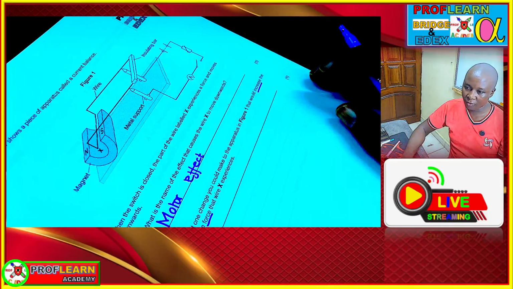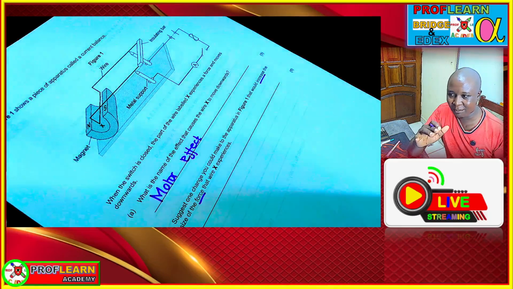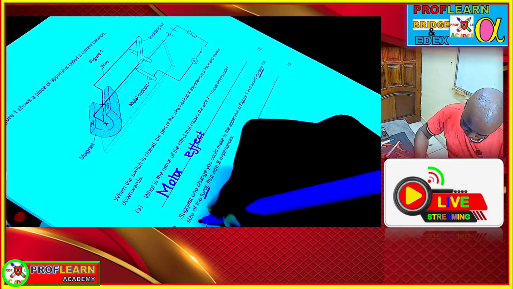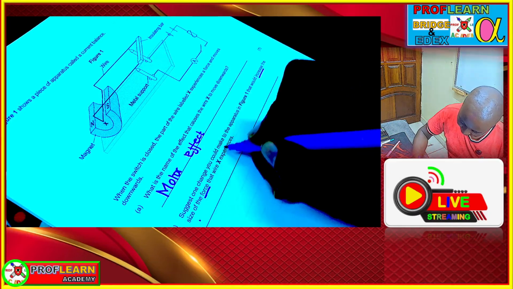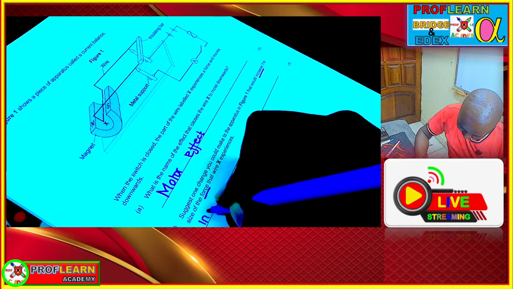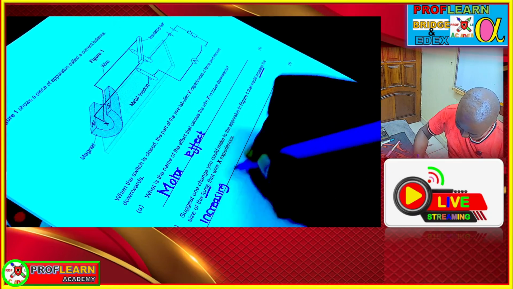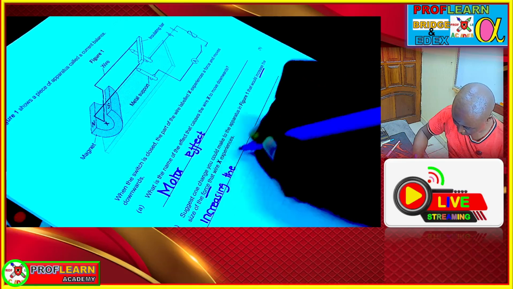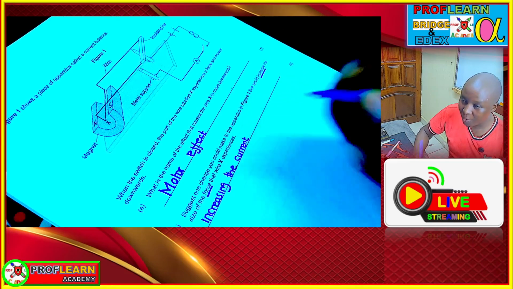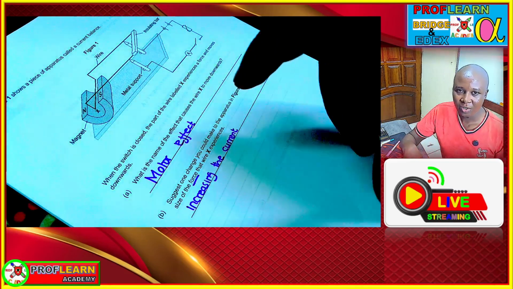The size of the force depends on these factors I'm going to mention. Number one, the amount of current. So the change will be increasing the current. If you increase the current, you are going to increase the strength of the force.